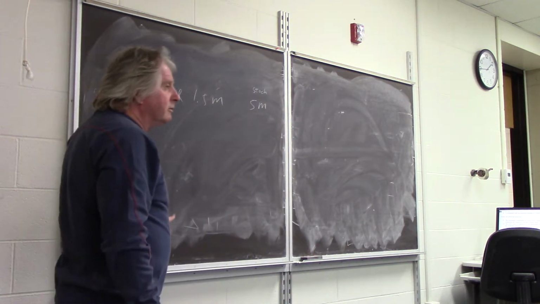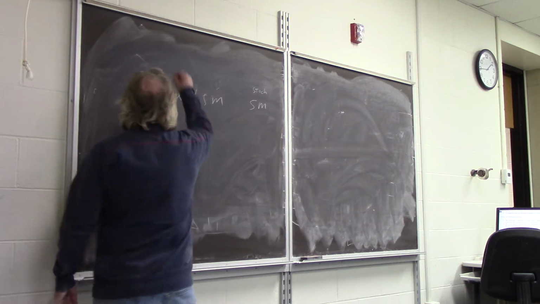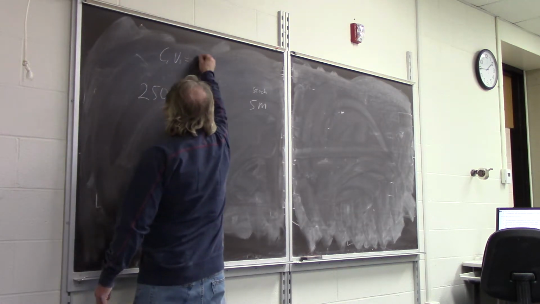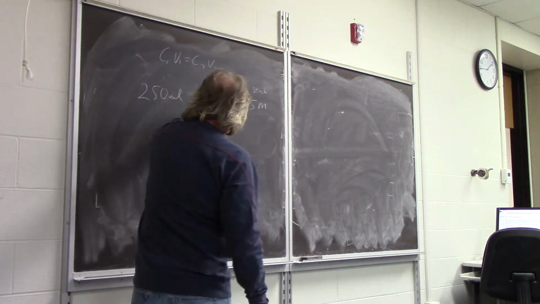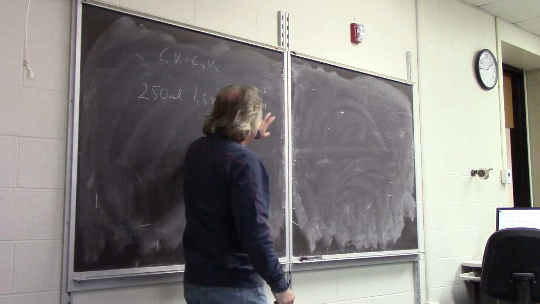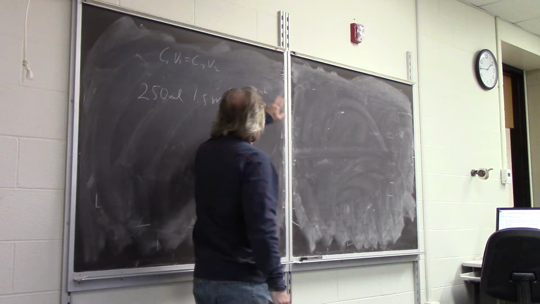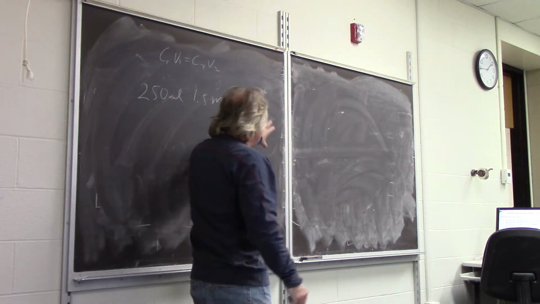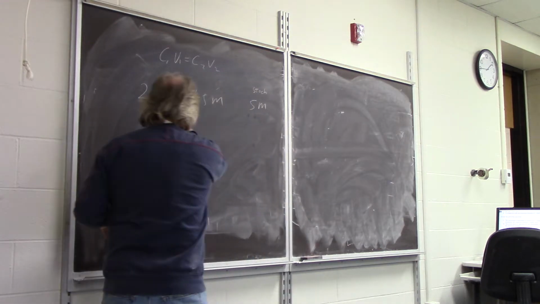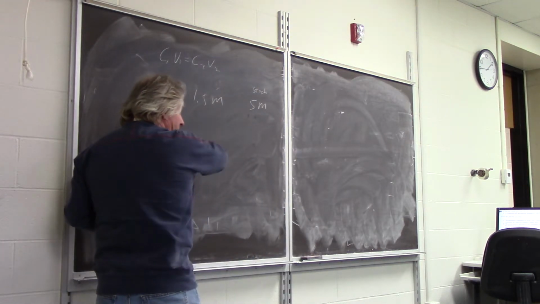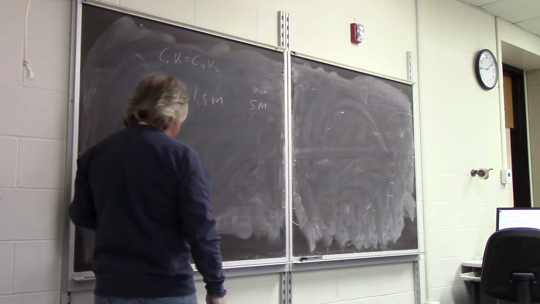So what you use is the dilution formula, C1 V1 equals C2 V2. So these are C1 and V2, this is C2, and solve for V2. And that'd be how much of your stock solution, and then you add enough to get it up to 250 mils.